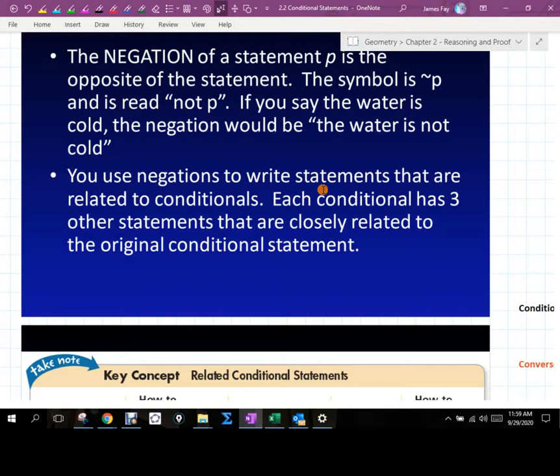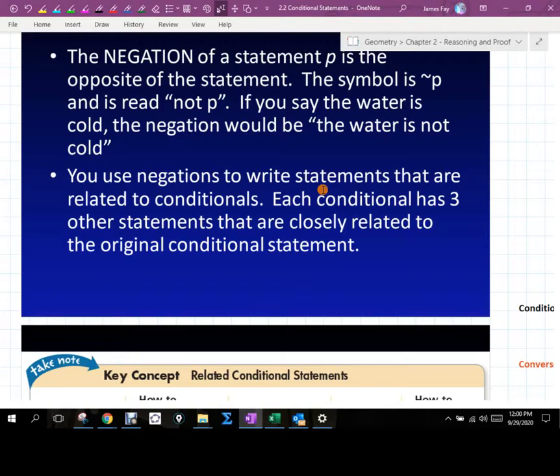So in everyday interactions, we have things like that. And you guys talk about double negatives in English and that kind of thing. But if we are dealing with a situation that's hard to answer whether it's true or false, because it's an if-then statement, we might be able to rewrite it using one of these three related statements and be able to answer those as true or false easier.